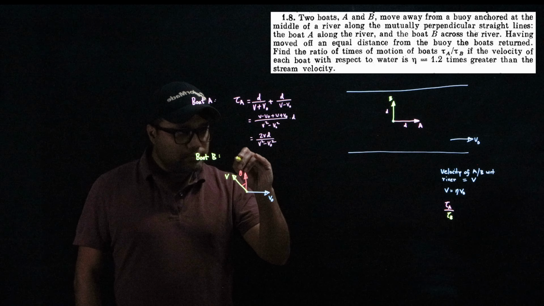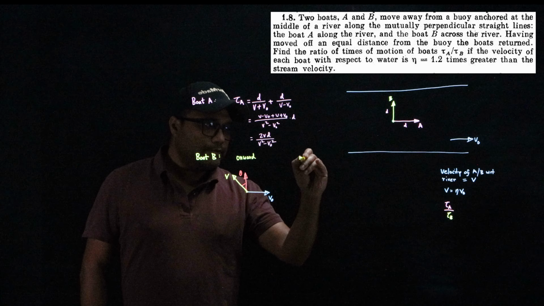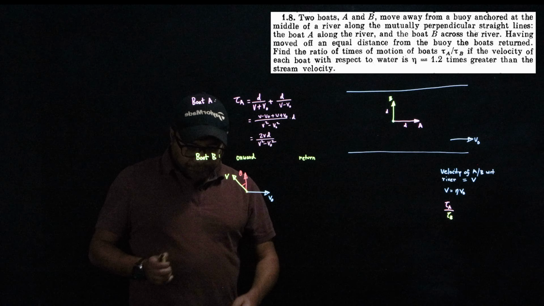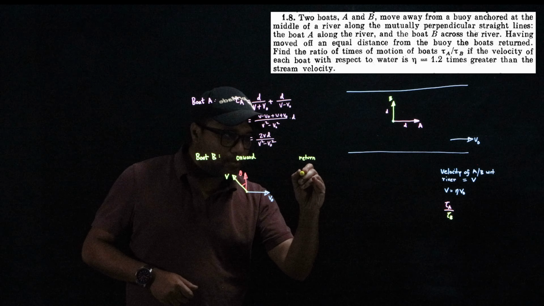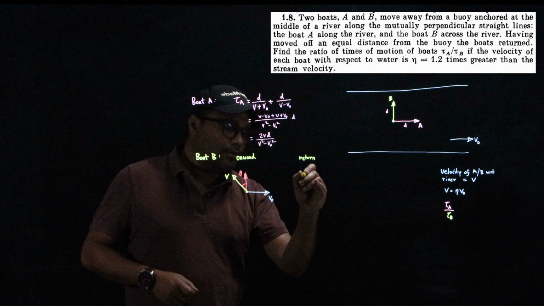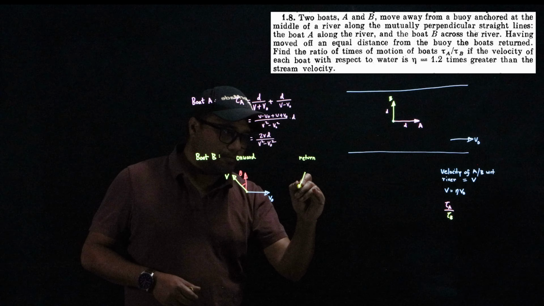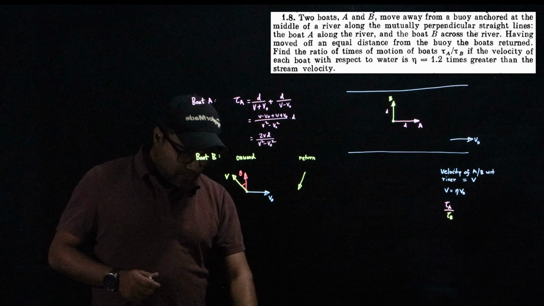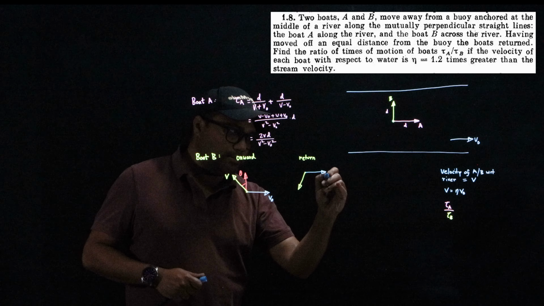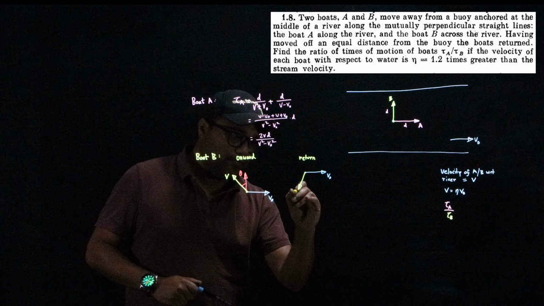Let me also write: this is the onward journey, and then the return journey, the case will be a little different but almost similar. In the return journey, the velocity of boat B should be in this direction, whereas the stream or river velocity is in this direction. So this is v0 and this is v.